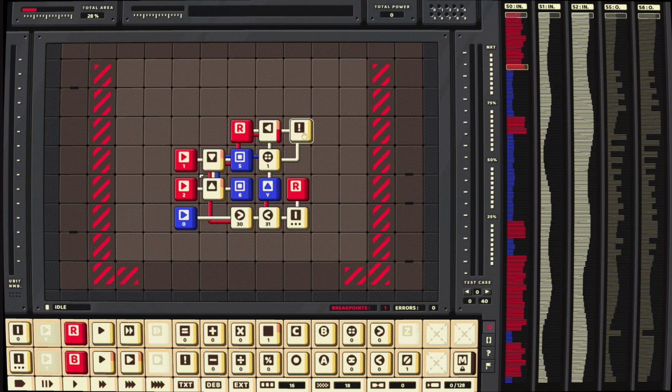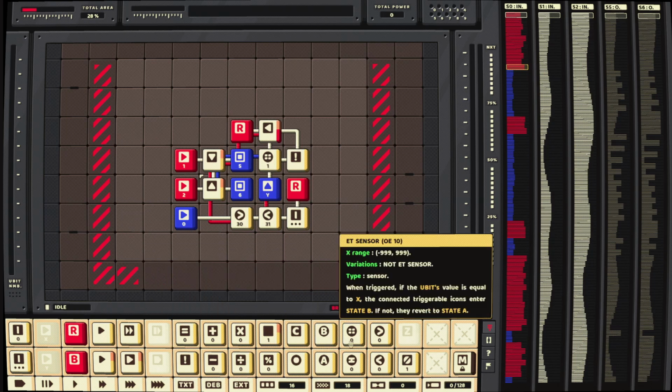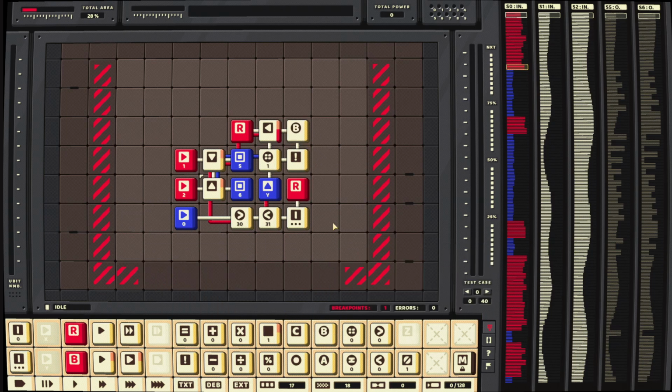But I think I can put a sensor here that always turns these on, or off. So go into state B, please, if there's a bit here. So let's use some blue wire to hook that up.